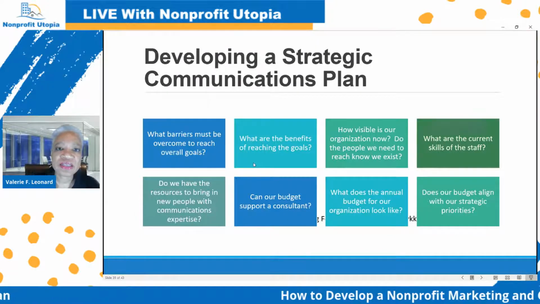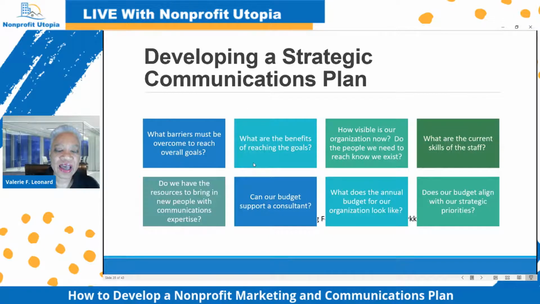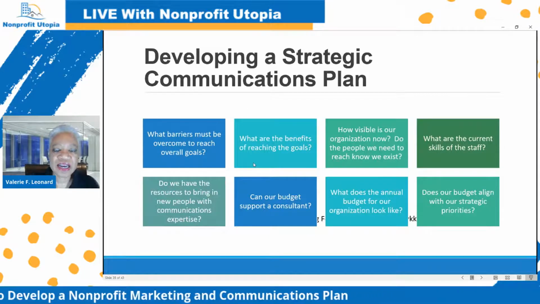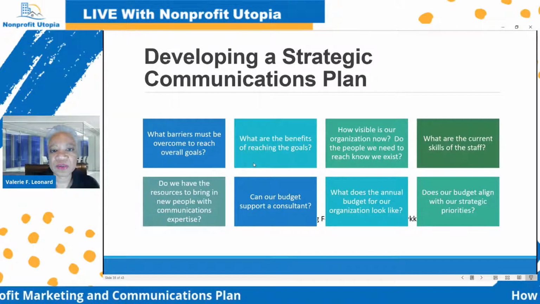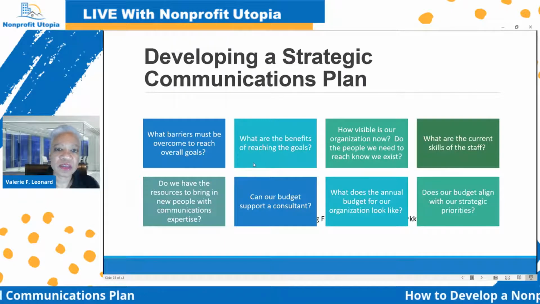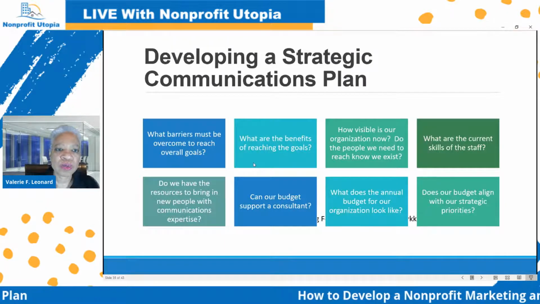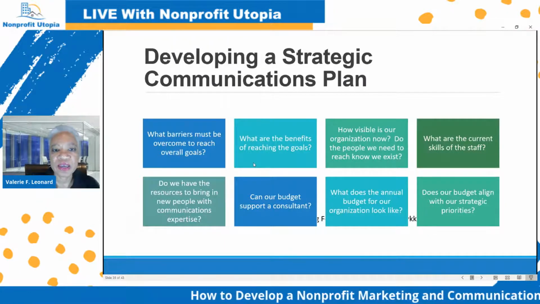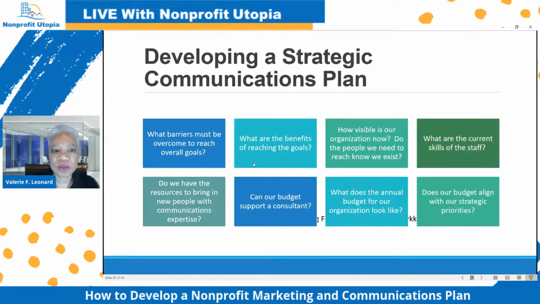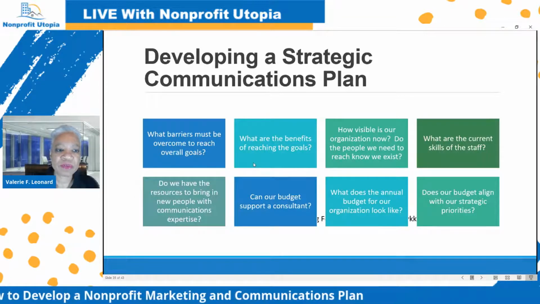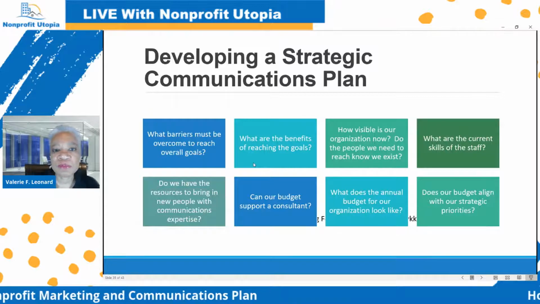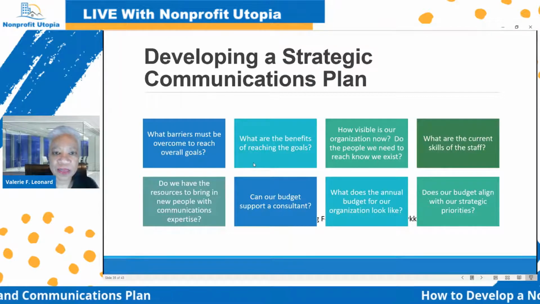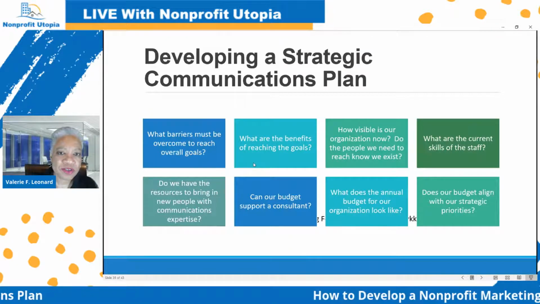What are the current skills of our staff? Do our staff have the skills that they need in order to interface with different segments? Do we have skills who can interface with our donors and communicate our message? Do we have people on our staff who can interface with the community and reinforce our message? If there are gaps in skills, how do we fill those gaps?